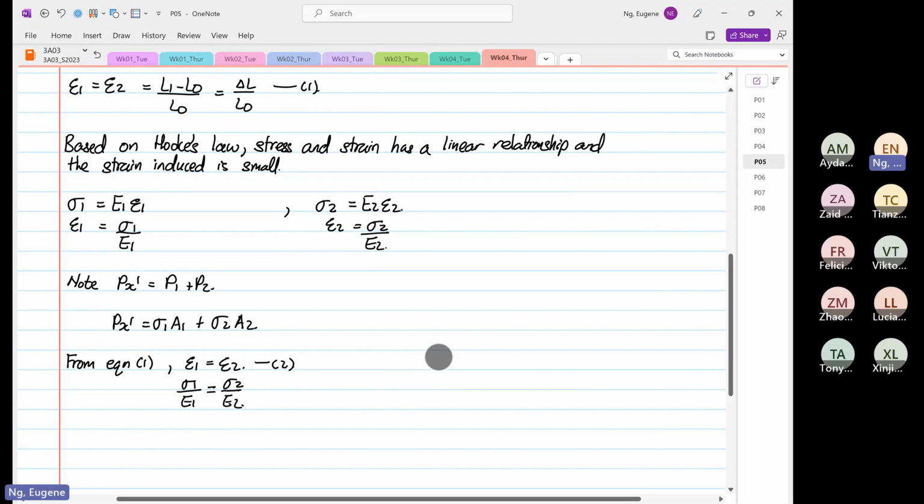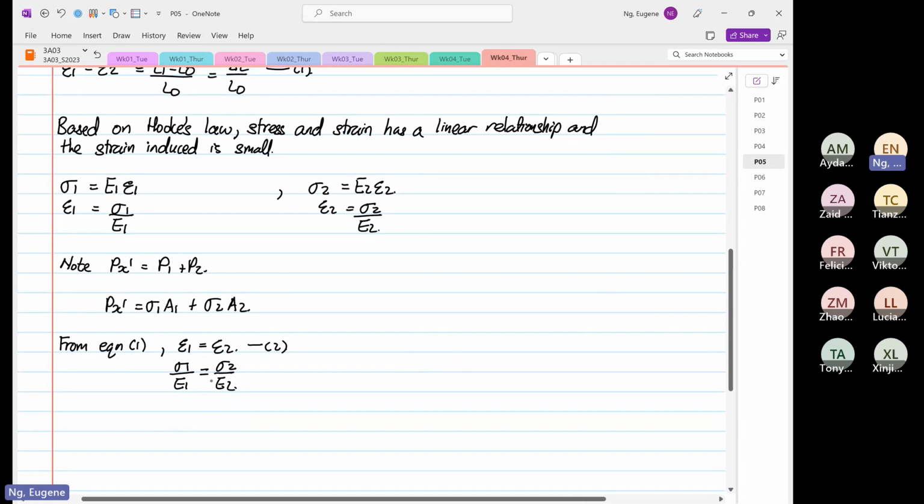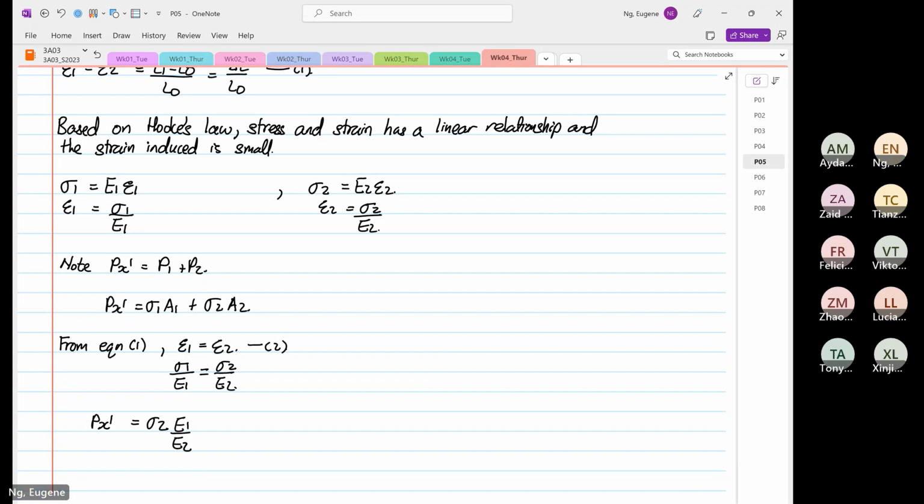Okay, so when we have that in mind, we also can write Px prime is equal to stress 2 times E1 over E2 times A1, plus stress 2 times A2.